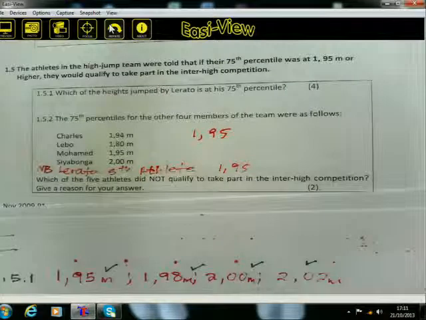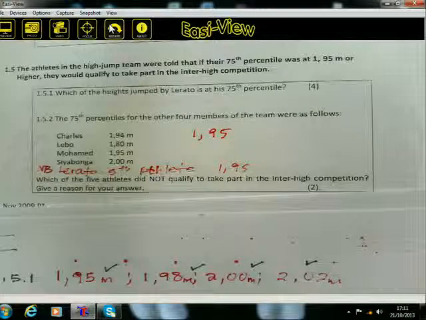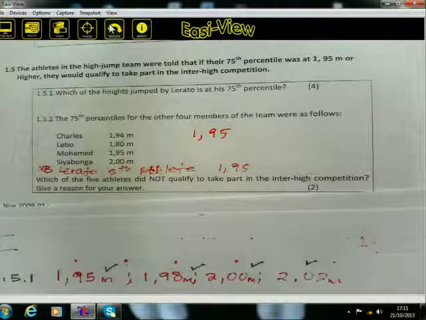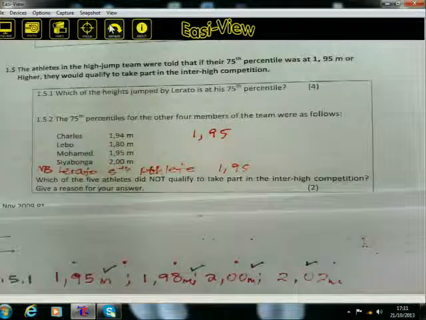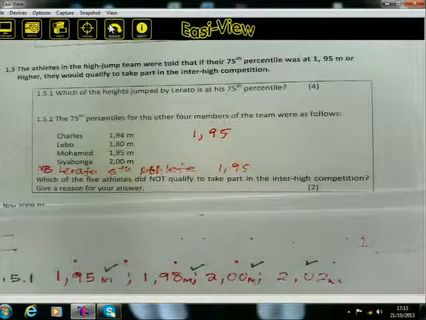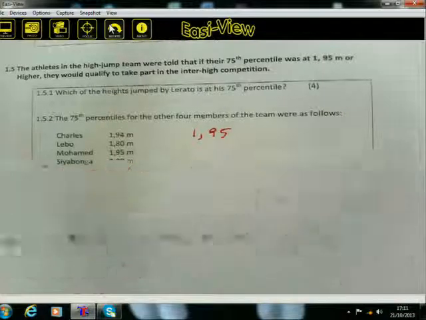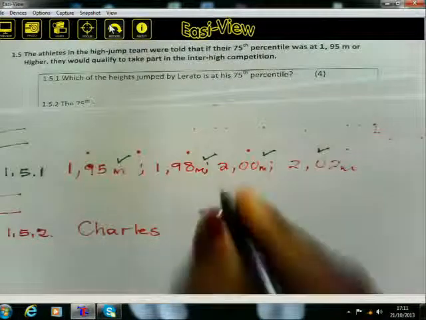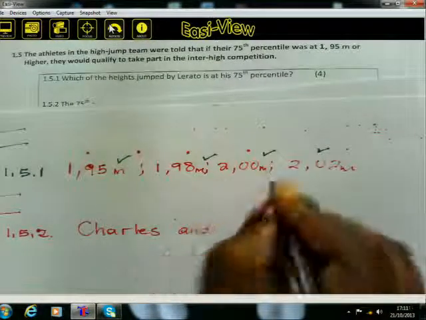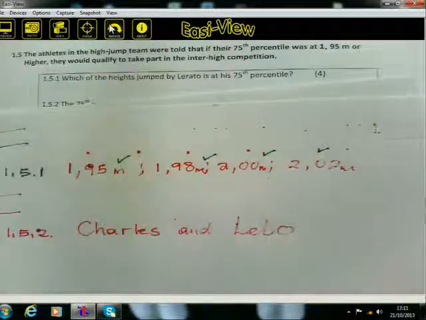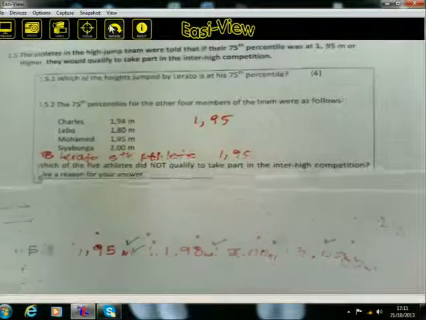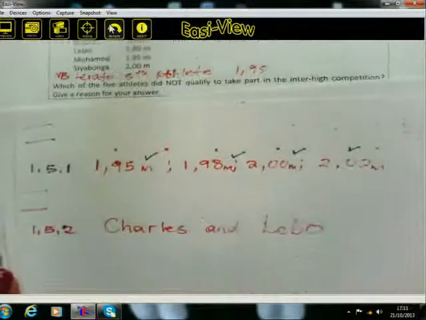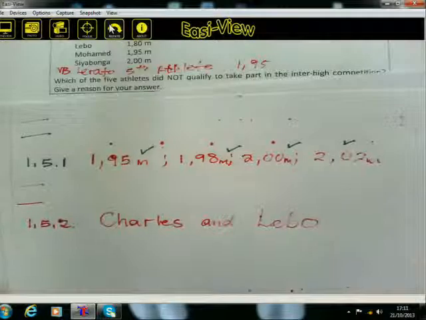So now the question says, which of the 5 athletes did not qualify? You'll give their names: it will be Charles and Lebu.